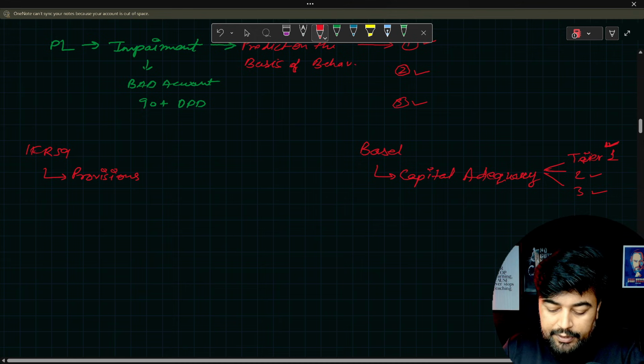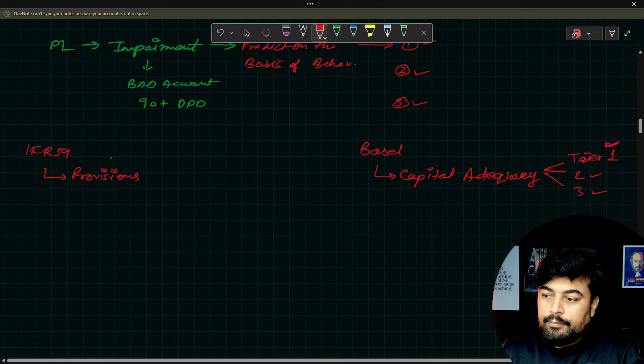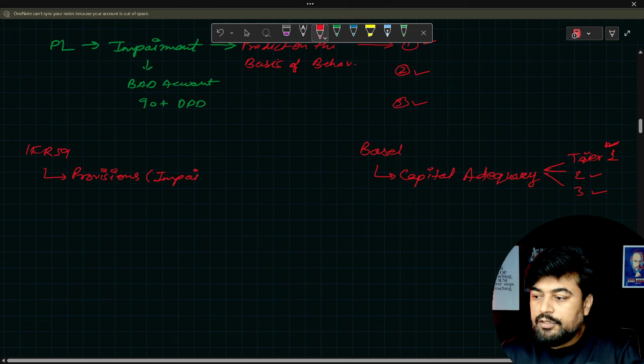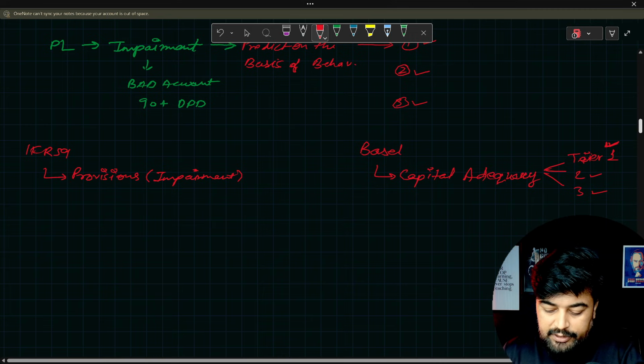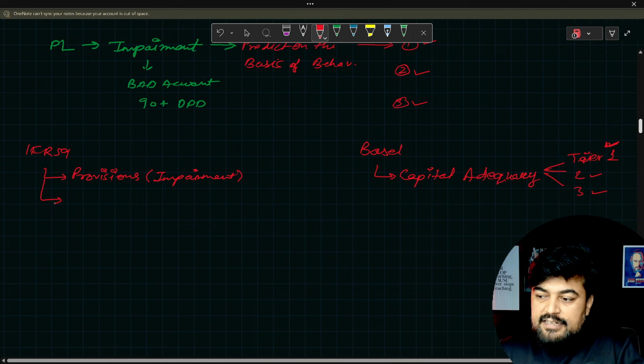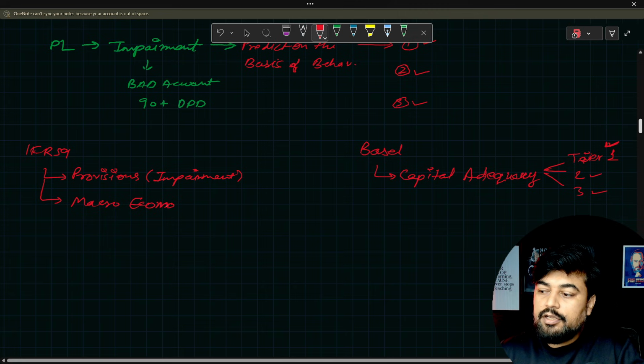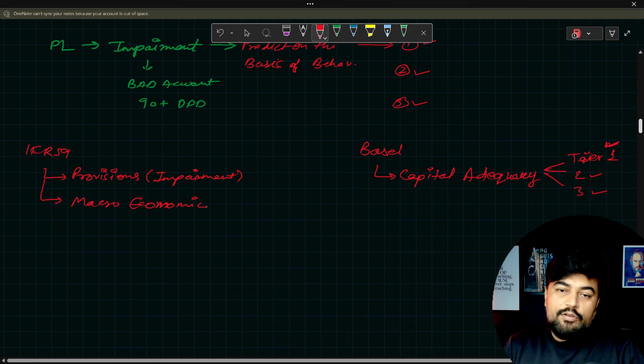Okay. Now here, impairment comes with respect to your provision. Obviously, this is pretty much understood. Okay. These are very sensitive to macroeconomic conditions, because if there is a war in a country, how will they make a profit?